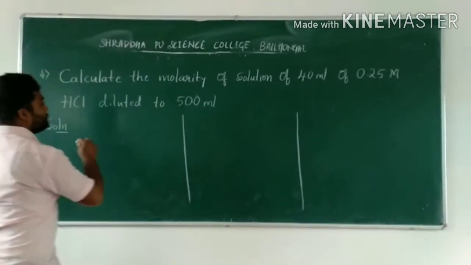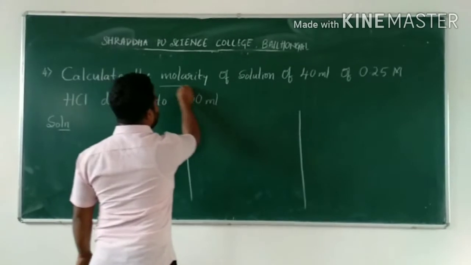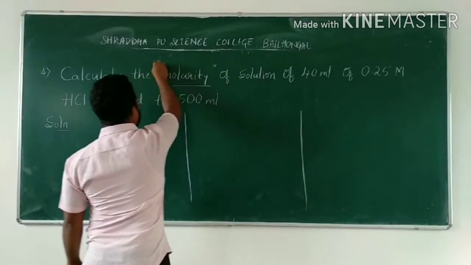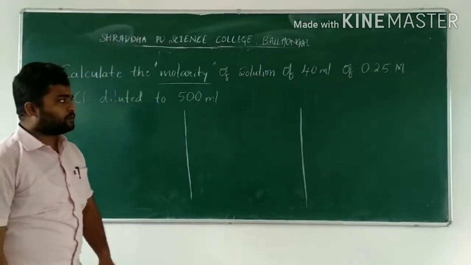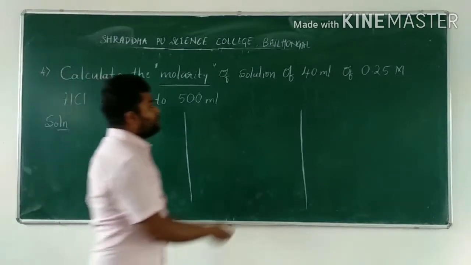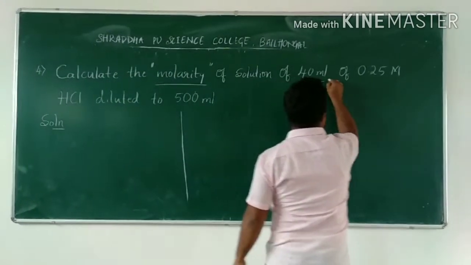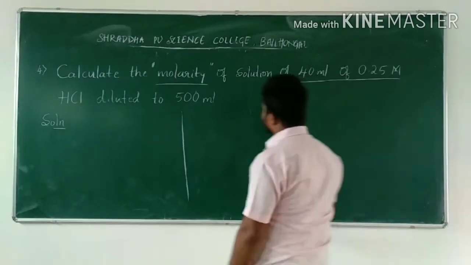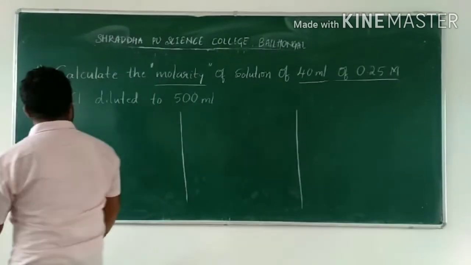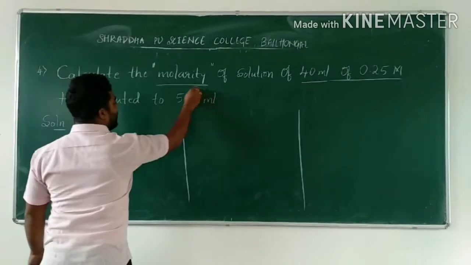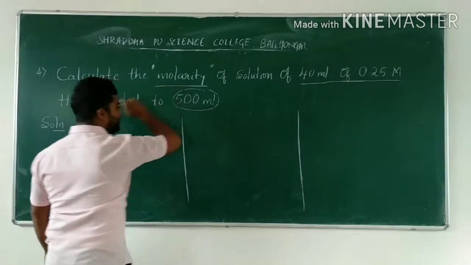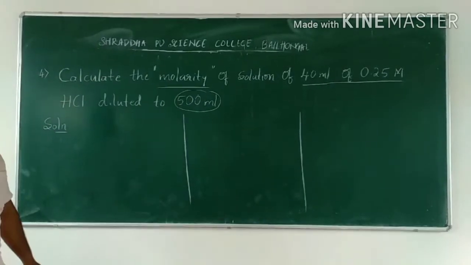See, they are asking you to calculate the molarity of a solution. First, it is having 40 ml of 0.25 M. So it has to be diluted to 500 ml.